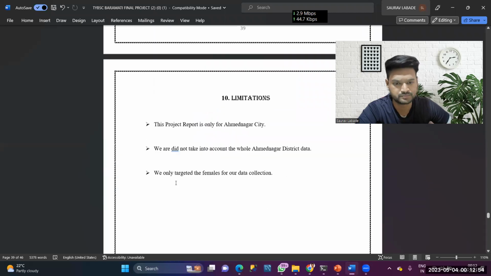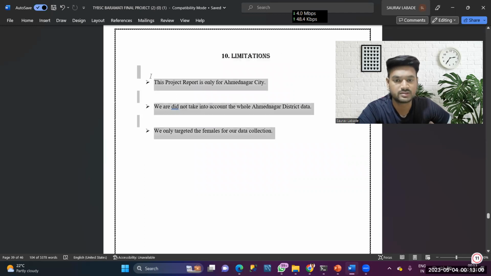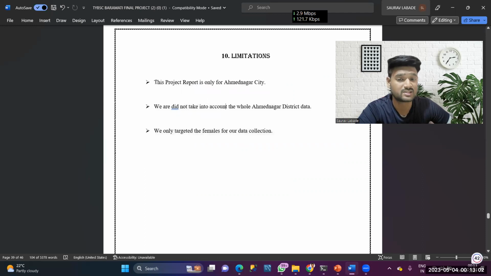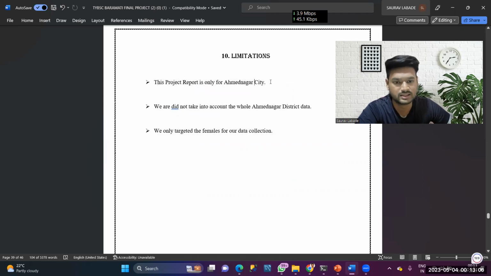Here you can include the limitations. What was the limitation? My limitation was that I had only considered the Ahmednagar city, sorry, only the city I had considered, not the whole district. So that was one limitation.